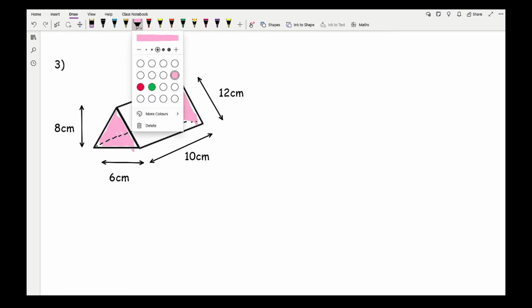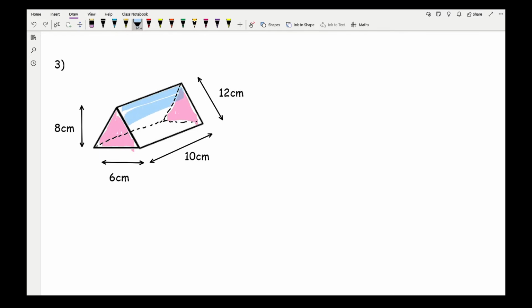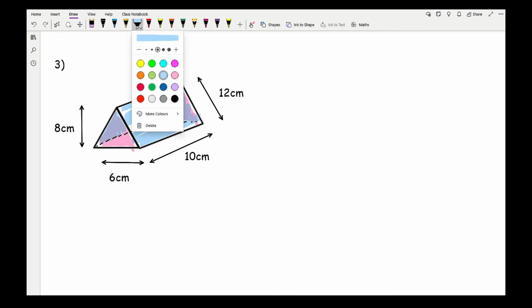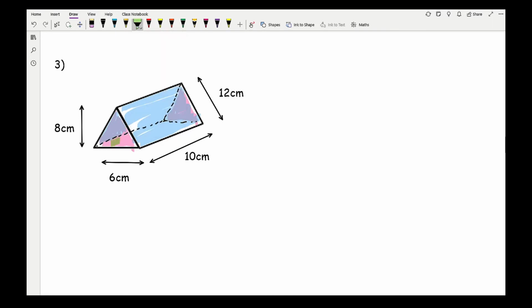And then for the next one I've got this side of the triangular prism, and I've also got that face there. And then I've also got the base, which I'm just going to do in green, which looks like that.